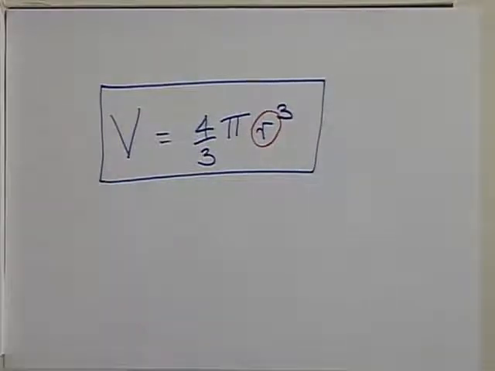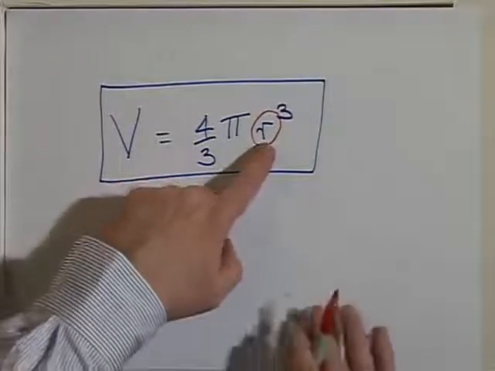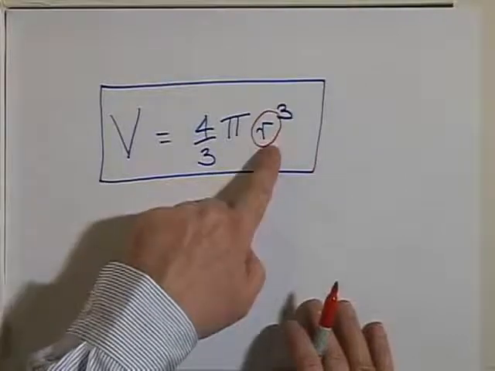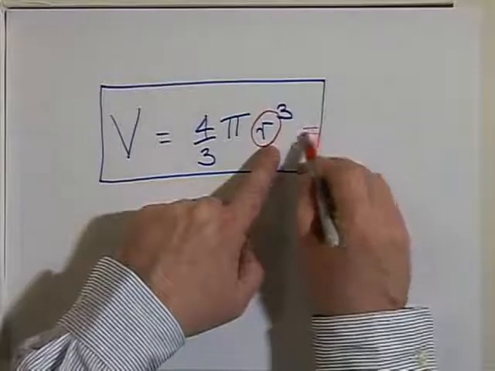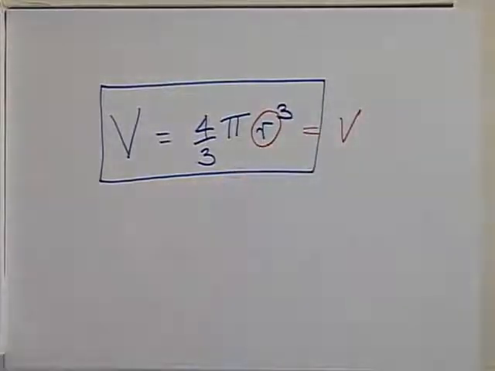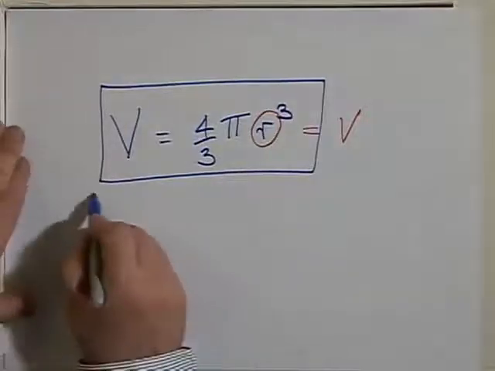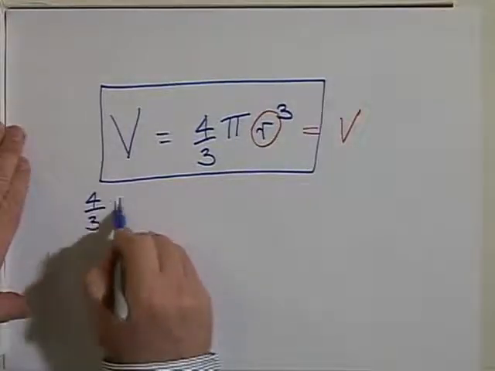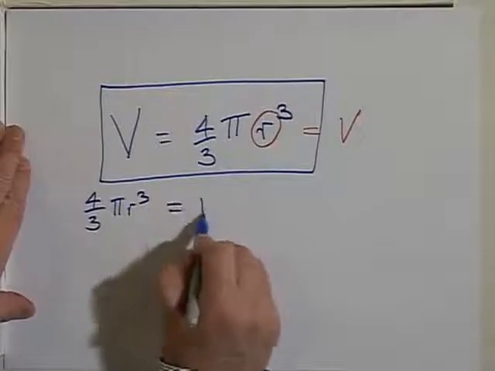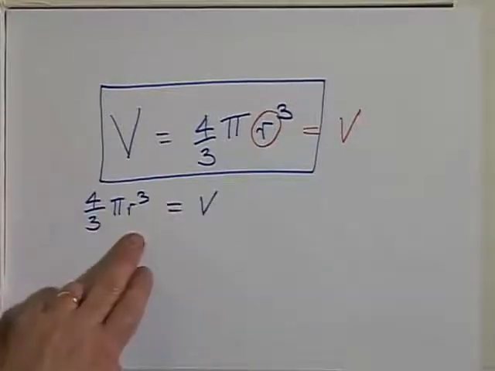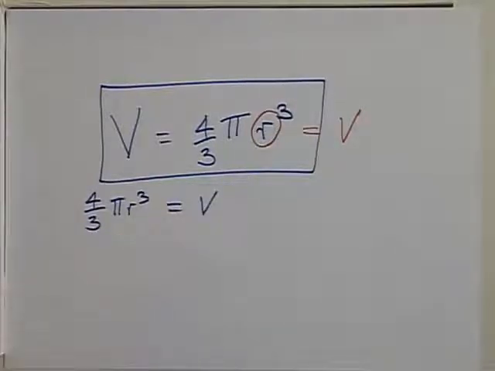V is given. The volume of a sphere is known to be 10 cubic meters. Find its radius. Oh, I don't have an equation for that. Well, let's look at it. We're interested in R, aren't we? And if we want that on the right-hand side, we could start the equation by saying 4 over 3 pi r cubed is V. At least R is on the right-hand side here.